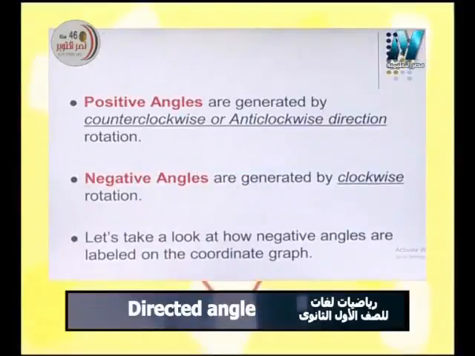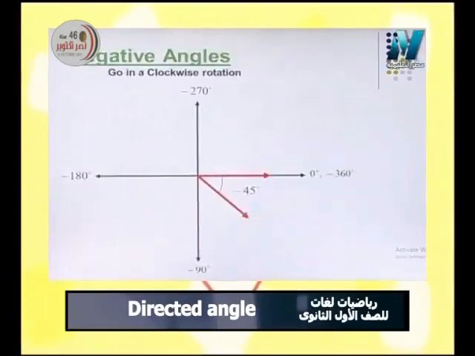What is the positive angle? As we said, positive angles are generated by counterclockwise or anti-clockwise rotation. Negative angles are generated by clockwise rotation. Let's talk about how negative angles are labeled on the coordinate graph.